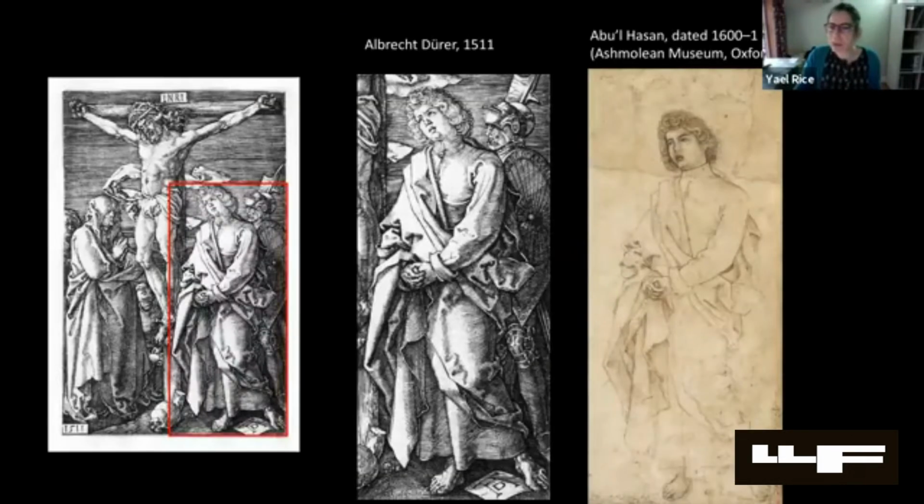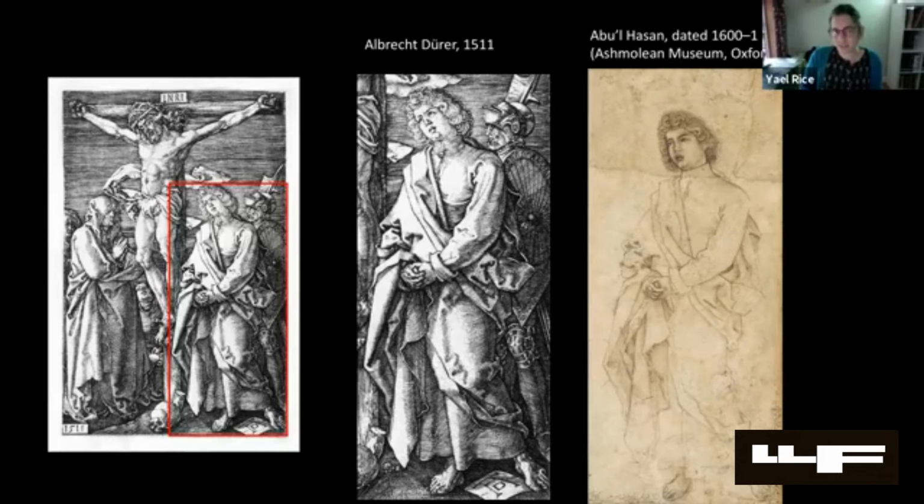Now, Rembrandt, Elstrack, and Purchas, however, were not the only ones engaging in this kind of trans-cultural experimentation and drawing from foreign works of art. Mughal artists had been doing that for decades prior.